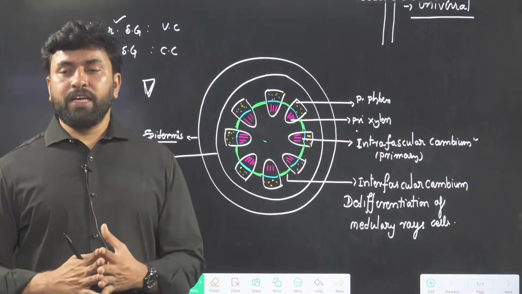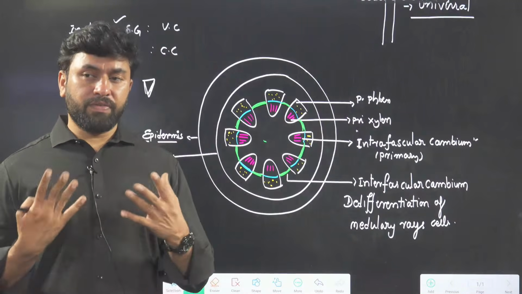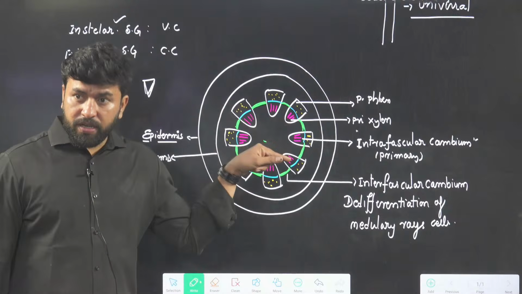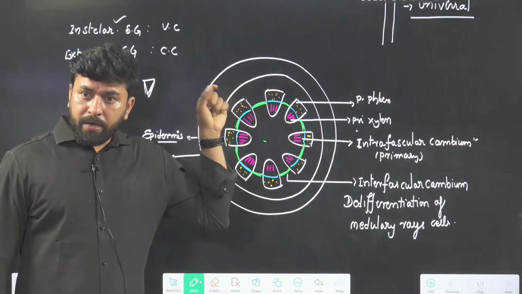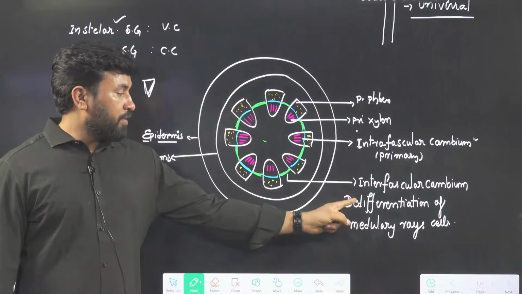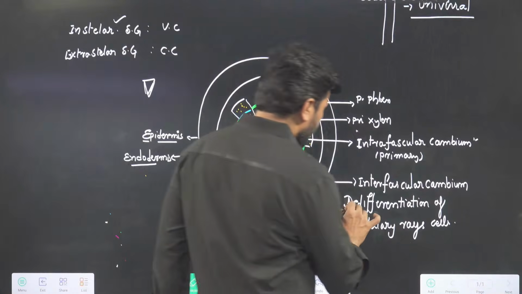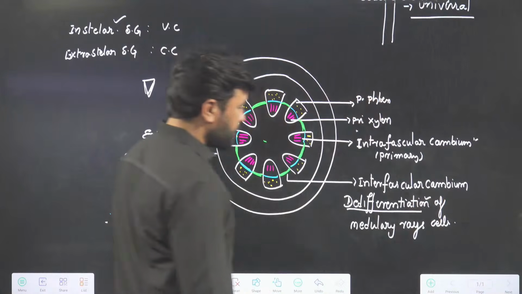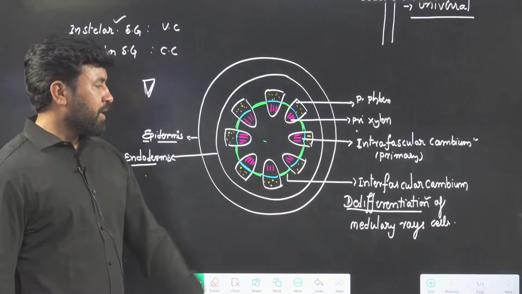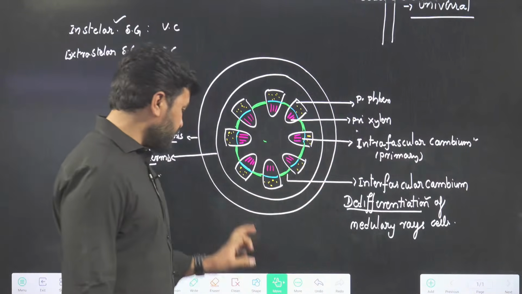You should never say differentiation. Differentiation is a different term. Here, meristematic cells have been formed from primary permanent cells. That's why it is called the event dedifferentiation. Okay, done. There is a band of intrafascicular cambium, another band of interfascicular cambium.